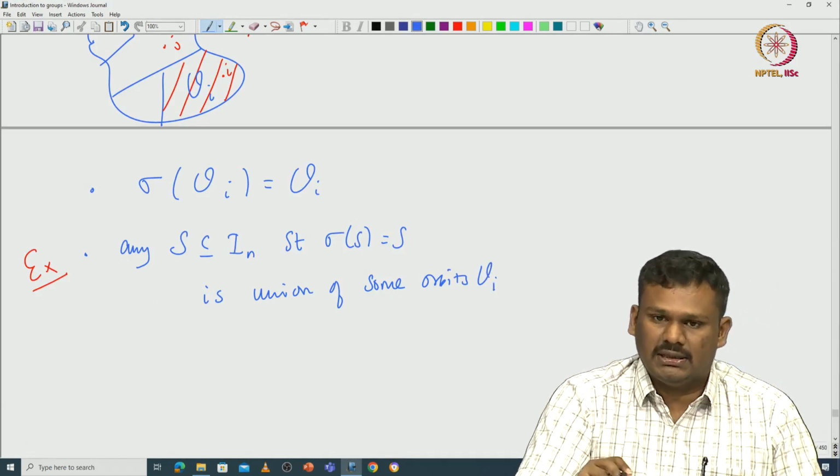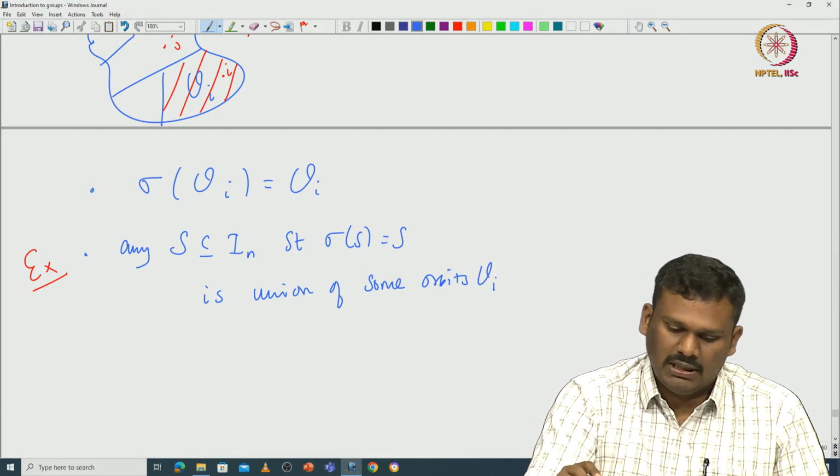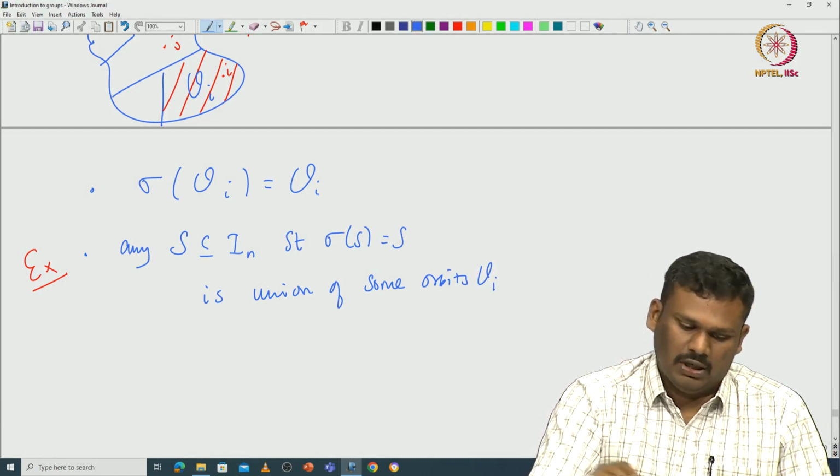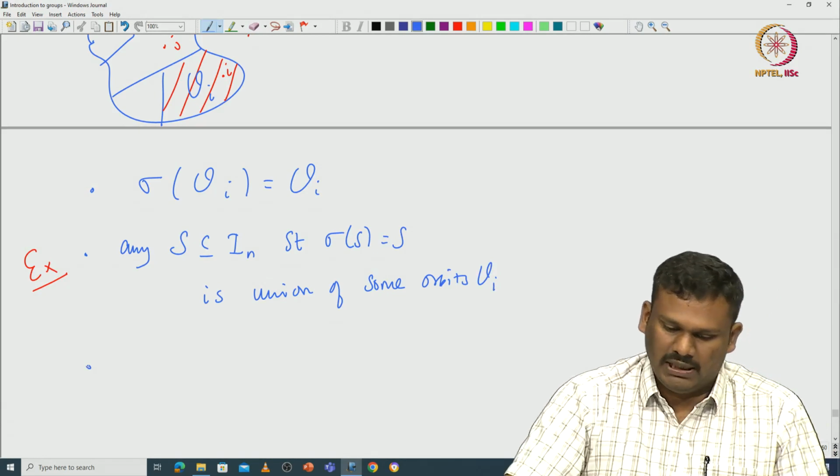So any sigma-invariant subset is going to be a union of some orbits. These are all the important properties.